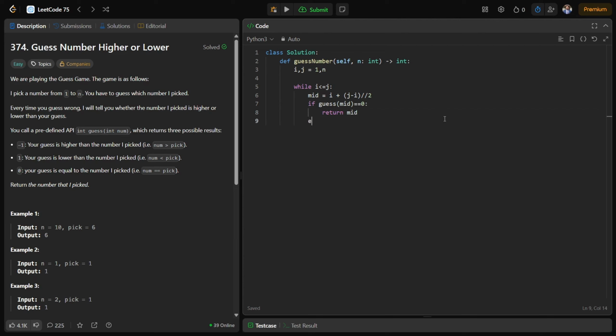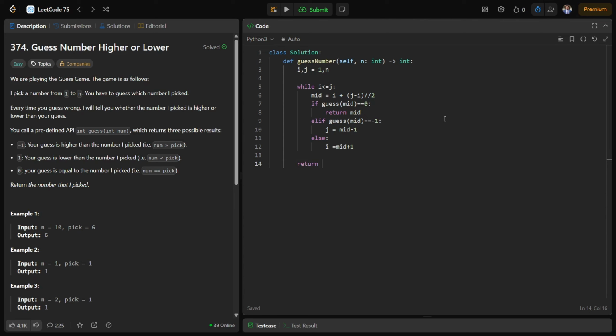Else if guess of mid equals -1, we just reduce the search space: j equals mid minus 1, else i equals mid plus 1, right? So at the end we just return 0 as a fallback.